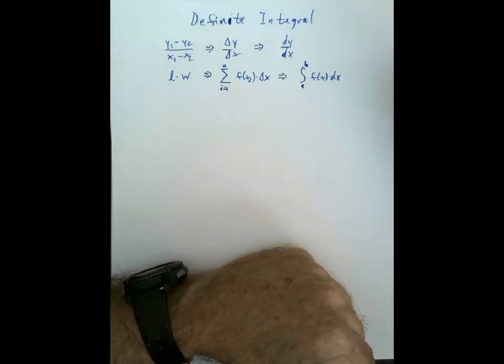But as far as units go, what the derivative measured was the rate of change of whatever y was with respect to x.